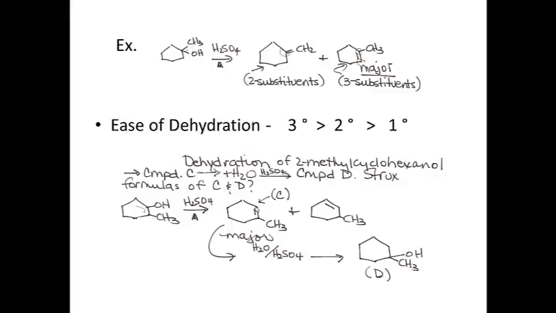So here we've got a situation with three substituents. This could also form this second structure over here, but this would be the major one. And when we react compound C here with water and H2SO4, this should be screaming at you, Markovnikov addition.